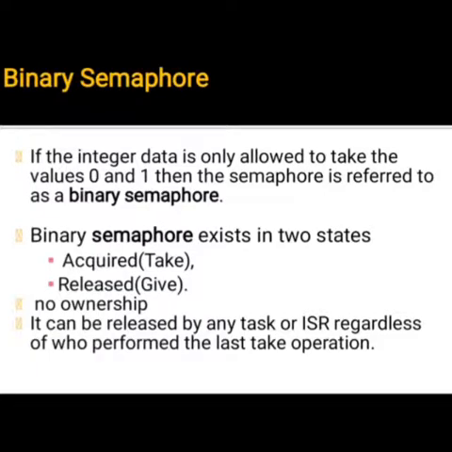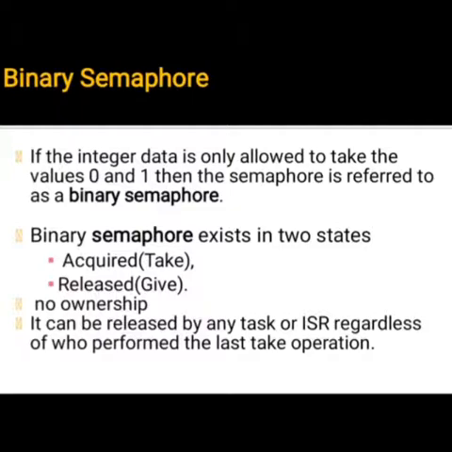In binary semaphore, a process waits to access the resource. It performs a wait operation on the semaphore and decrements the value of semaphore from 1 to 0. When it releases the resource, it performs a signal operation on the semaphore and increments the semaphore value to 1.